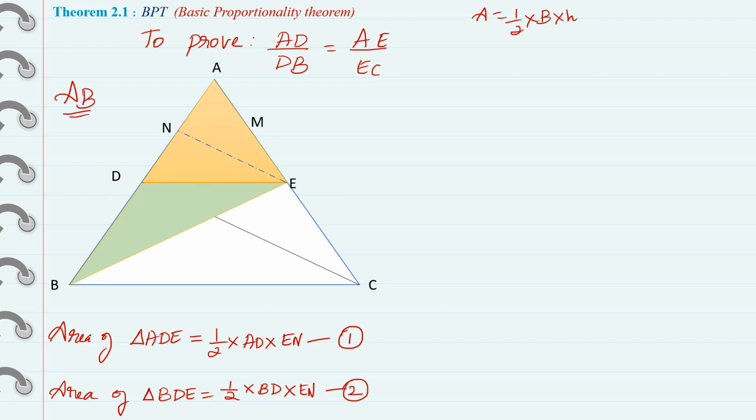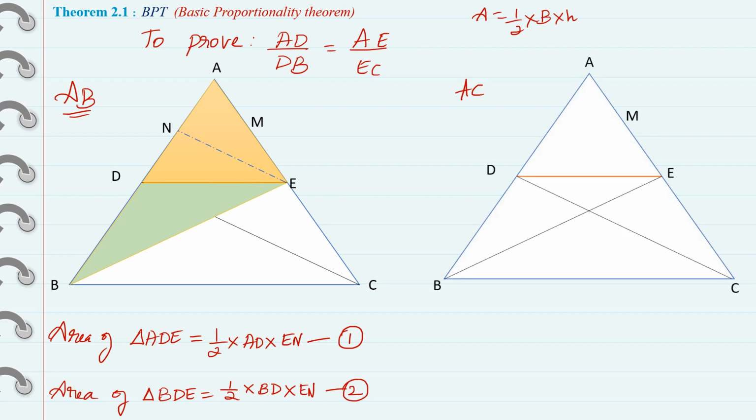Let's move on to the AC side. Draw the same thing. Check it out. We have one more triangle. That is the same triangle we are considering, ADE, because AE is also part of the triangle ADE, right? So we need to find the area of triangle ADE. We've already found it. Let's write the same: area of triangle ADE is equal to half into base.